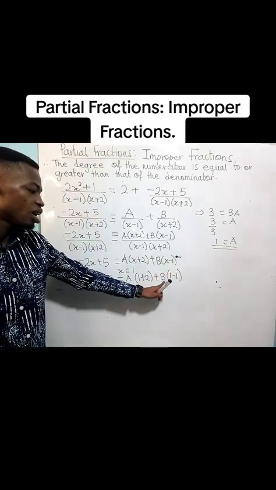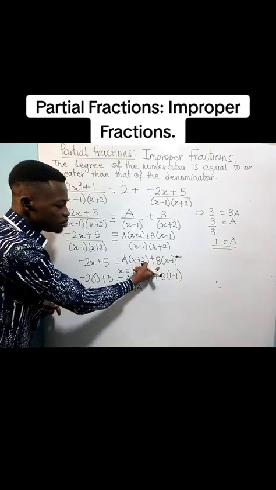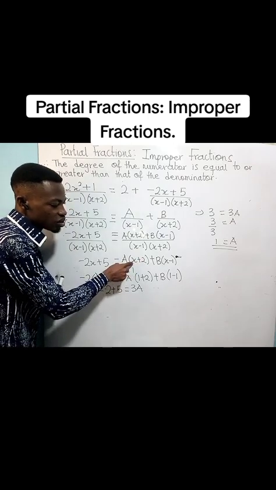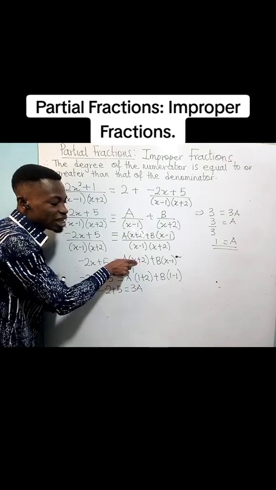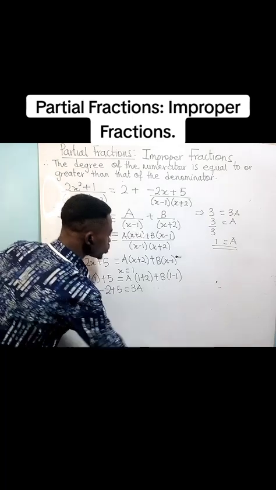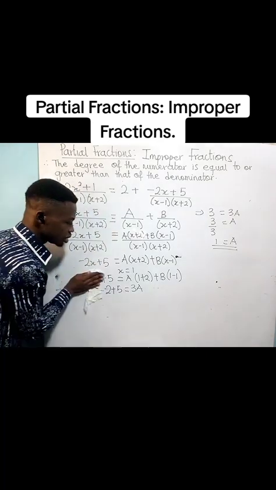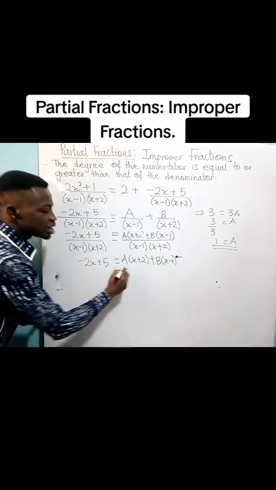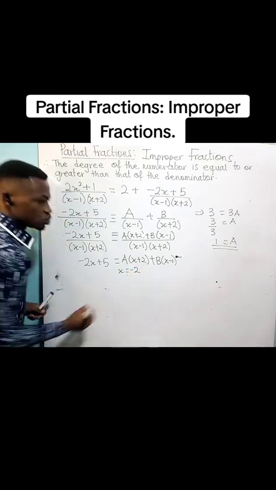We need to find our B. So how do we find B? We need to introduce a value into this, which will give us 0. And basically, it is going to be negative 2. So we solve this again by saying that let x be equal to negative 2.